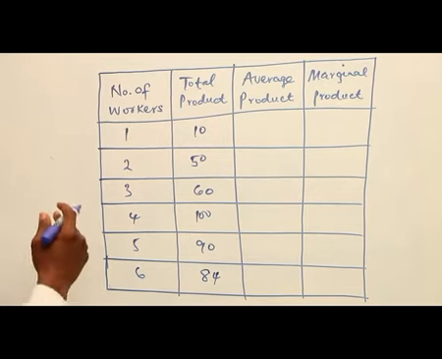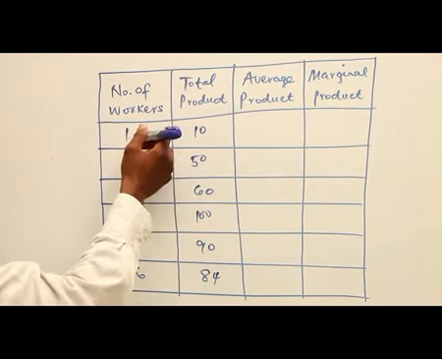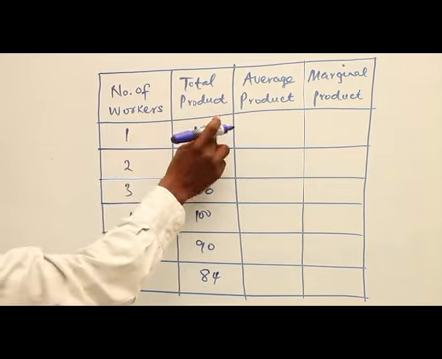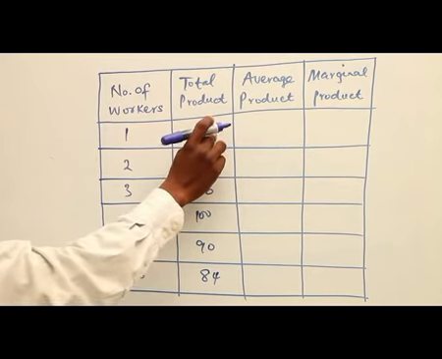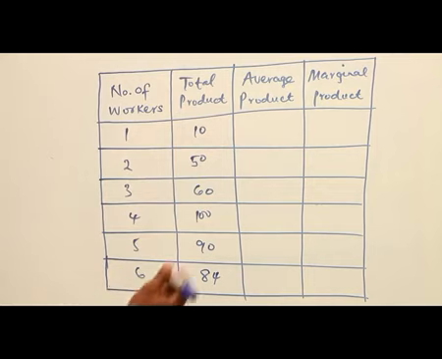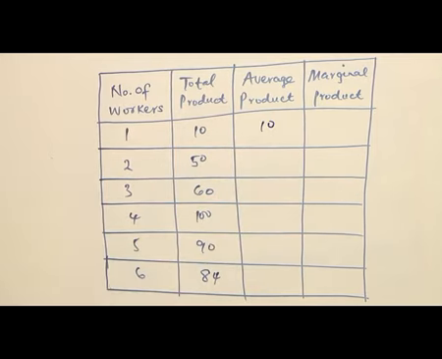So if worker implies variable input, a worker being employed produces 10 units of an output. The average is going to be 10 because we divide total product by 1 unit, which gives us 10.